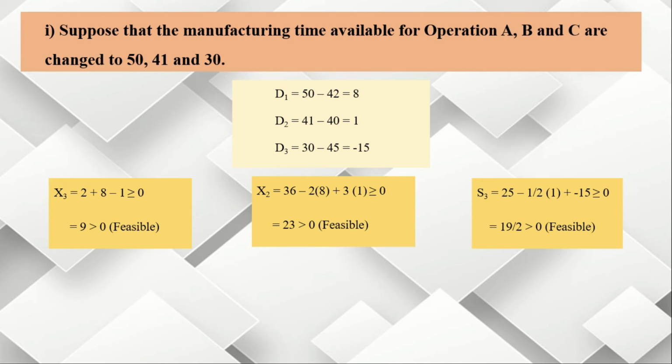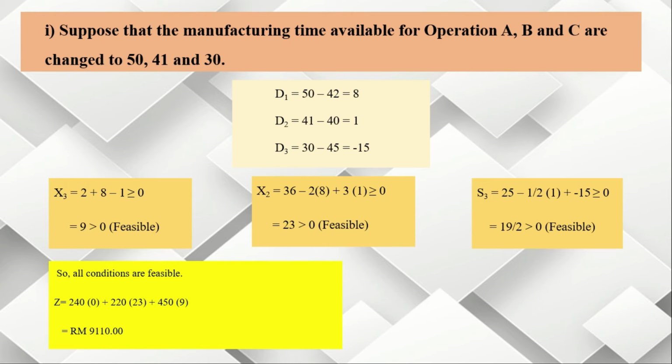That means the equation for X2 is feasible. Then S3, 25 minus 1/2 times 1 plus negative 15, greater than or equal to 0, and we get 19/2, which is more than 0, feasible. So, all conditions are feasible.